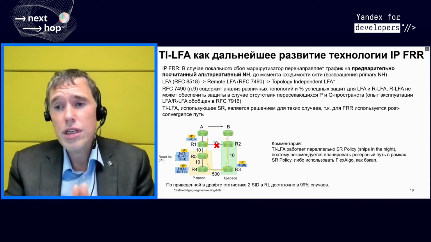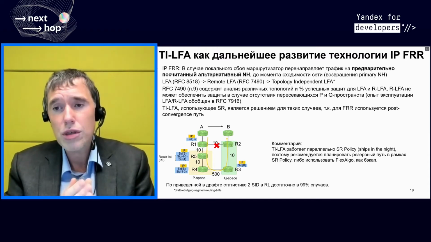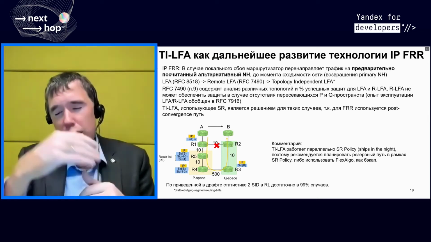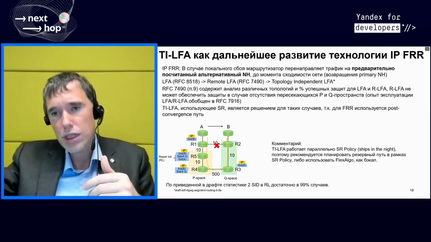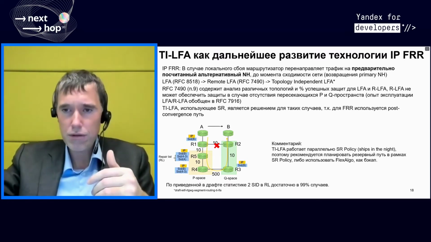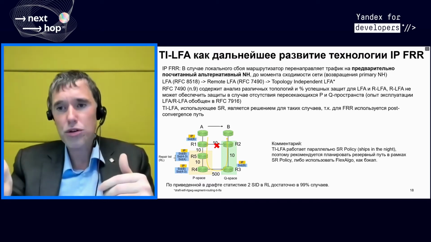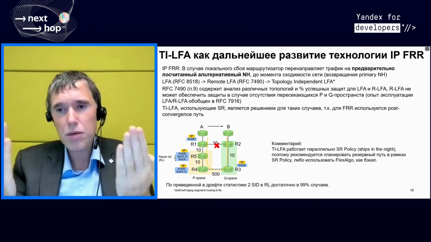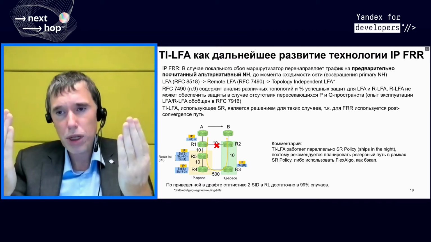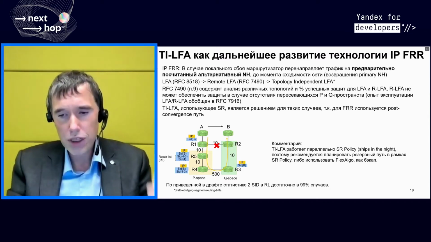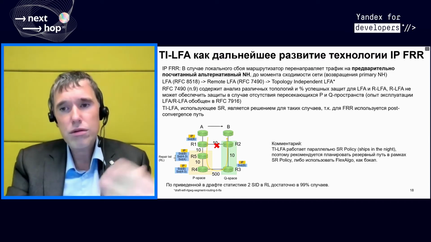And this LFA technology uses the topology-independent LFA and the construction of a tunnel, and it also has a list of segments which will be delivered to the router that will not send the traffic back to us. And it works even in the most complex topology, where RLFA or LFA does not work.